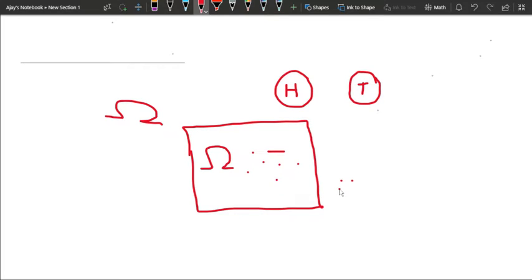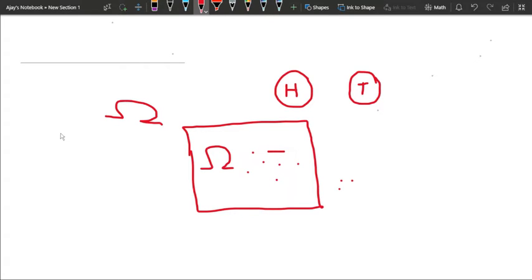Mutually exclusive means that if at the end of the experiment I tell you that this outcome happened, then it should not be possible that another outcome also happened at the end of the experiment. There can only be one of the outcomes that has happened.